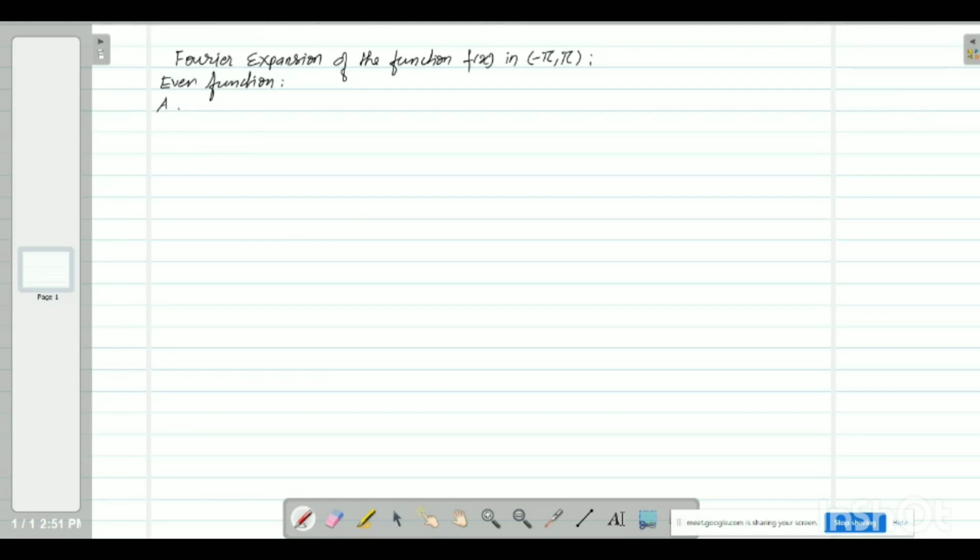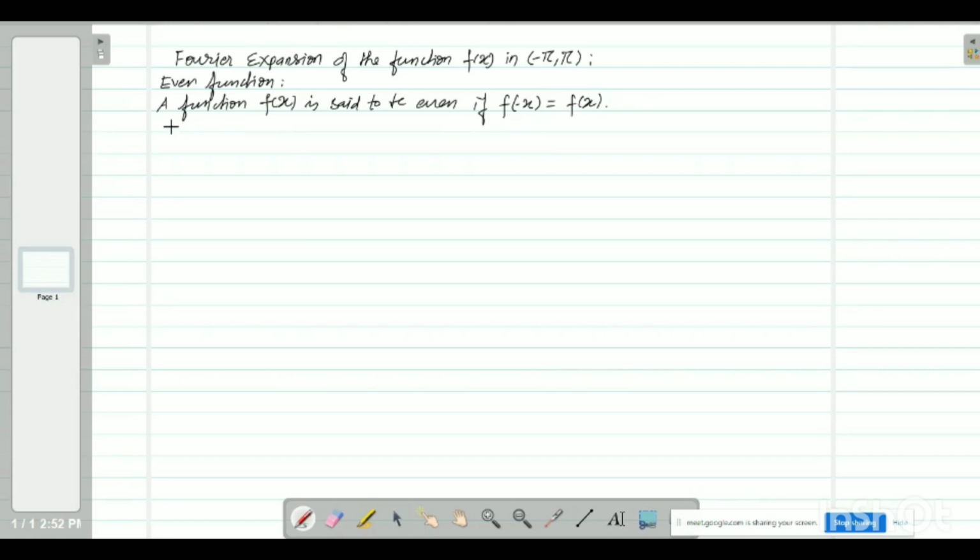A function f of x is said to be even if f of minus x is equal to what? f of x. Okay.